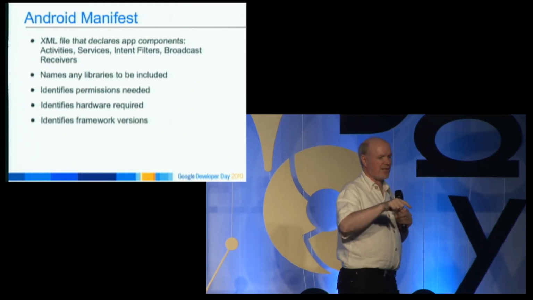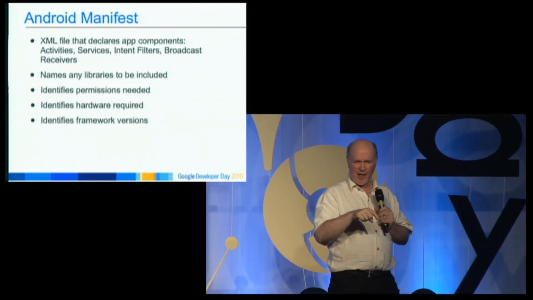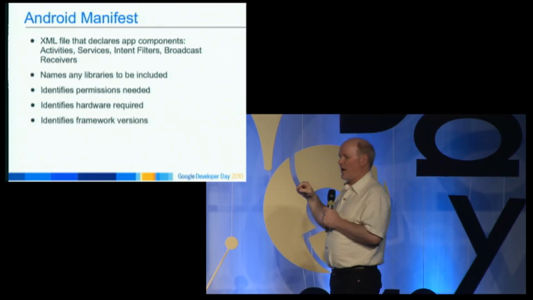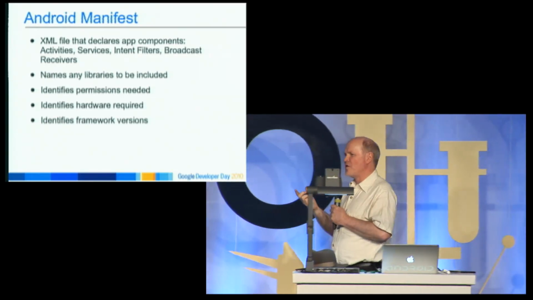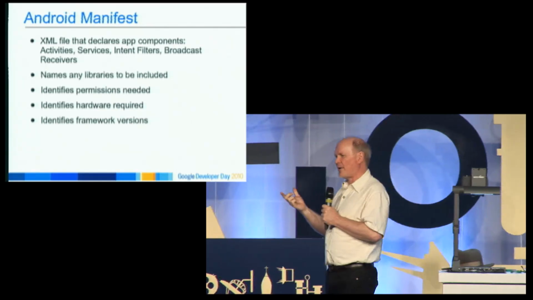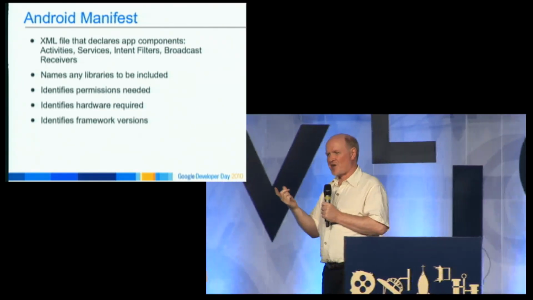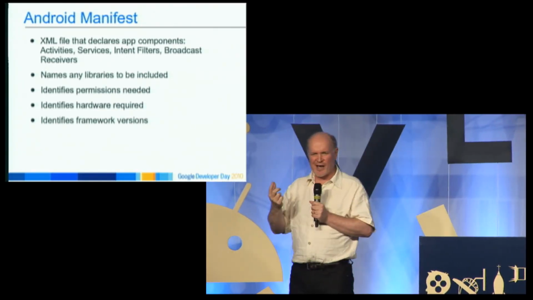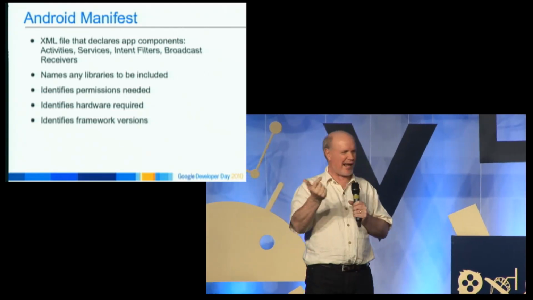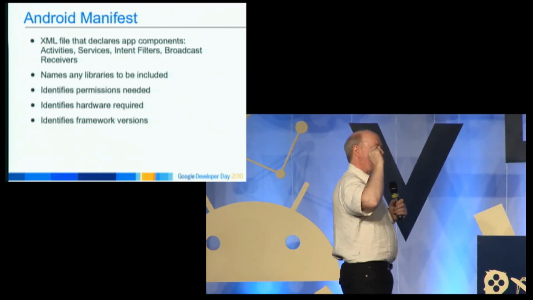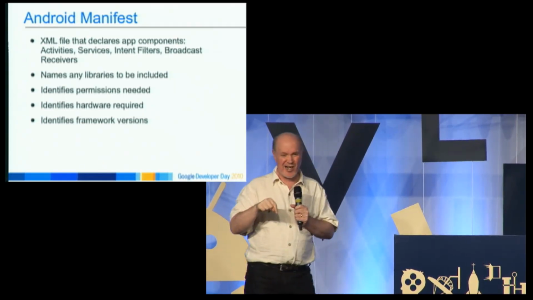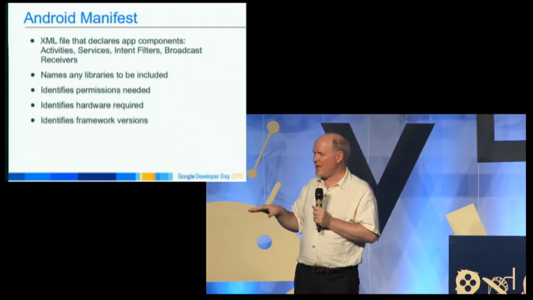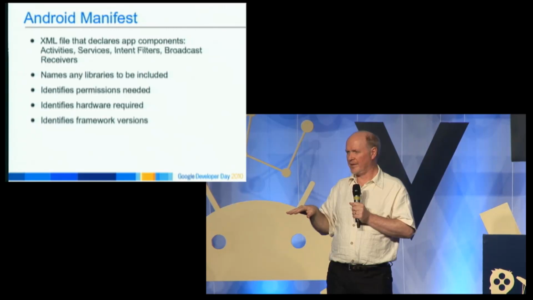And that's very important because that's used by Android Market. So the market looks at the manifest, and when the phone comes to look at applications in the market, the phone sends a message saying, hi, I'm a Milestone, I have these features, I run this version, I have a camera, I have no camera. And on that basis, the phone will not see any applications that it can't run.